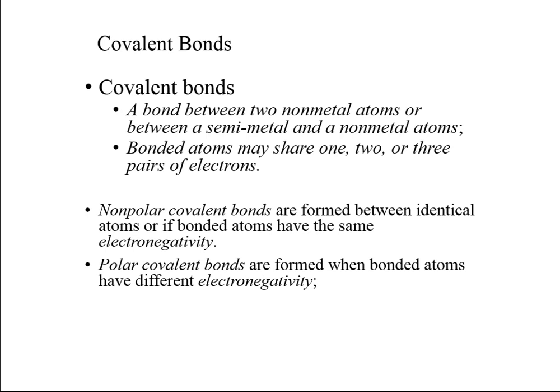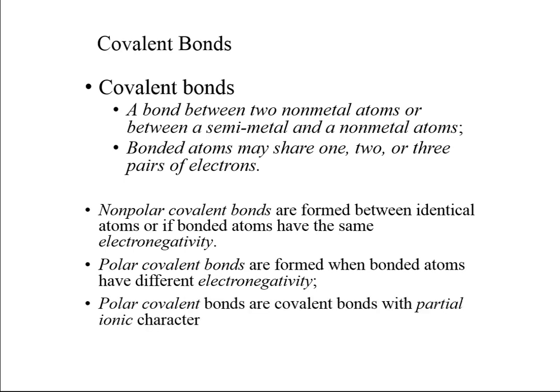Then we have another chemical bond among the covalent bonds, that is the polar covalent chemical bond. This bond is formed when the bonded atoms have different electronegativity.